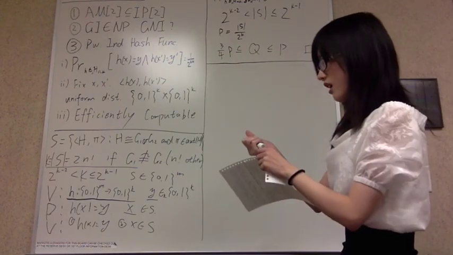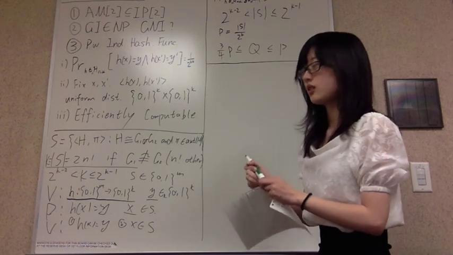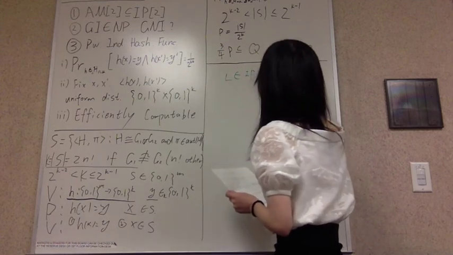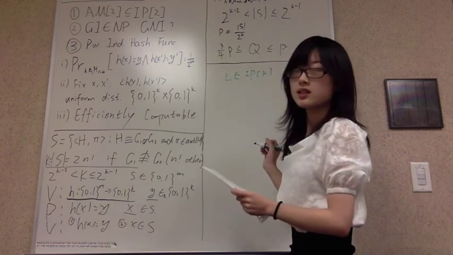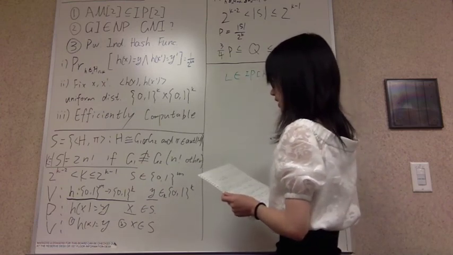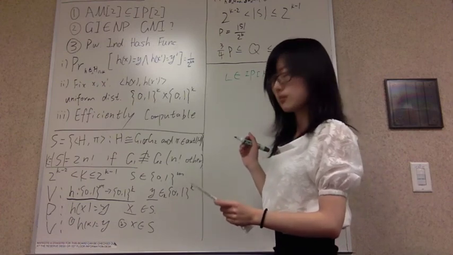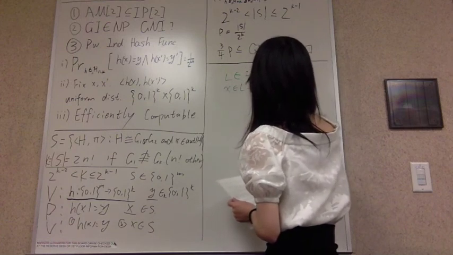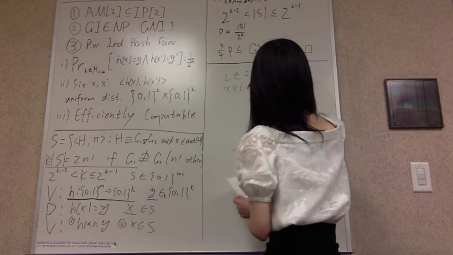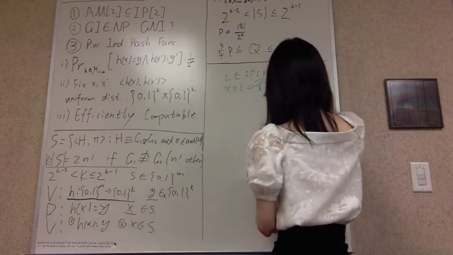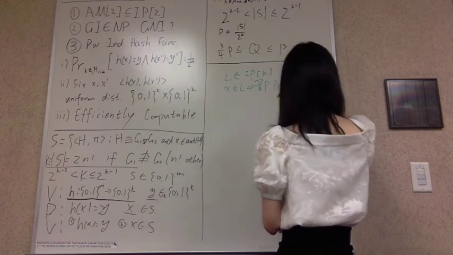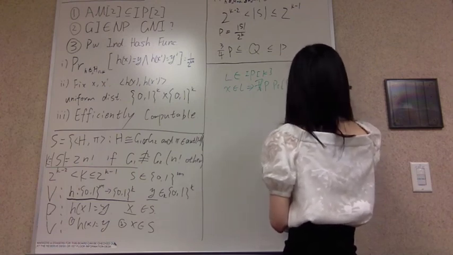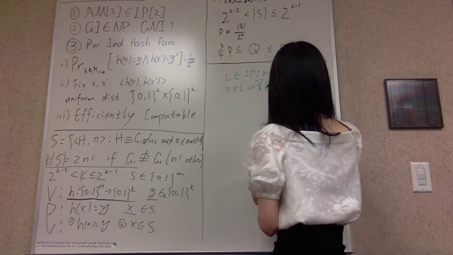IP is defined as follows: for every integer k greater than or equal to 1, we say that a language L is in IP_k if there is a probabilistic polytime Turing machine V that can have a k-round interactive proof with a function P, such that if x is in L, there exists a P such that the probability of the outcome of V with V_P as the interaction being equal to 1 is greater than 2/3.